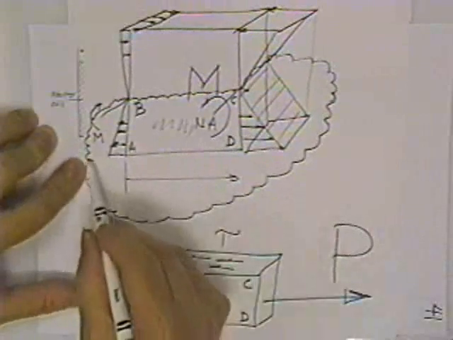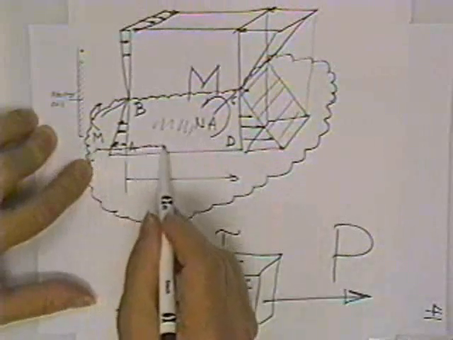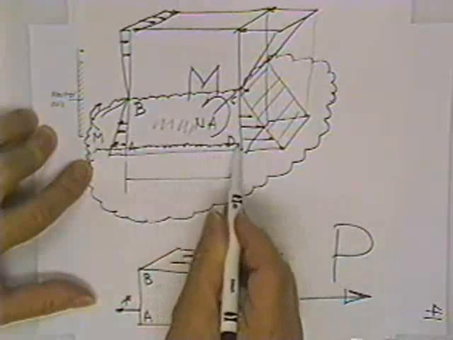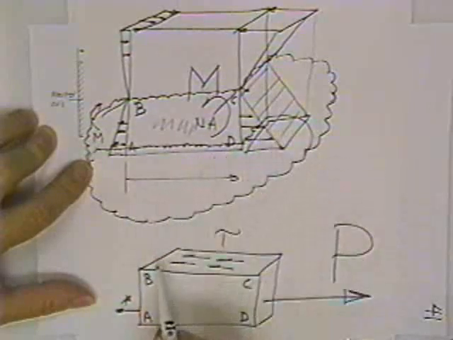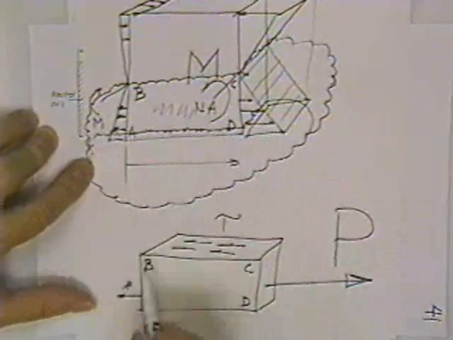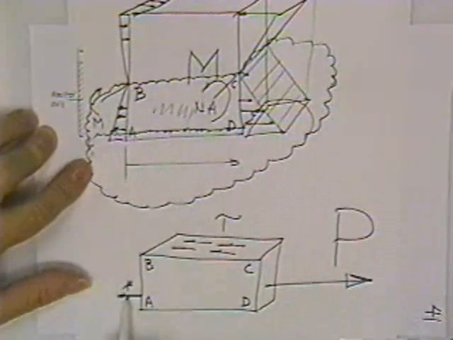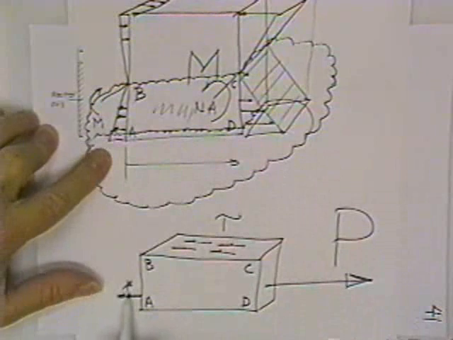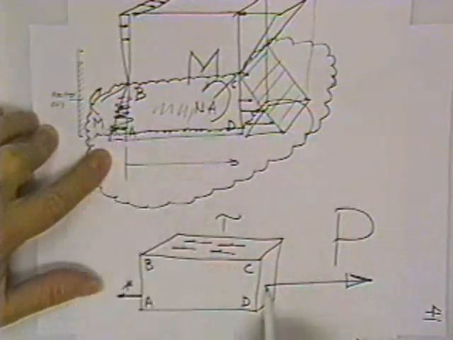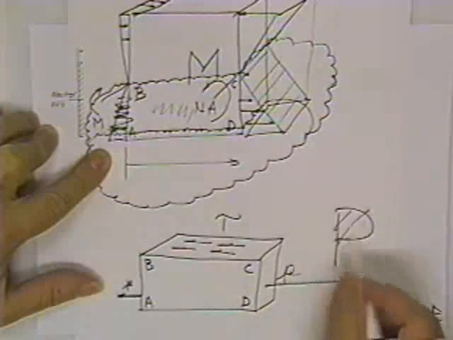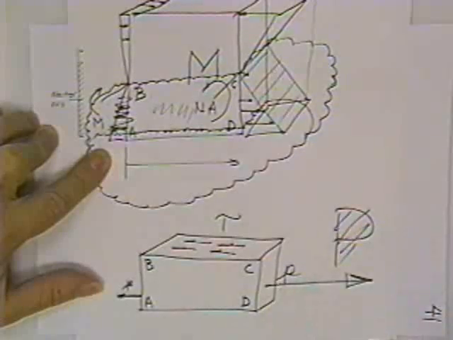Interestingly, if the guy would cut his free body right about here, just a short distance above the bottom, then what you would see is some even smaller stress, because you cut off less area. This one isn't too much bigger, it's just a little bit bigger.